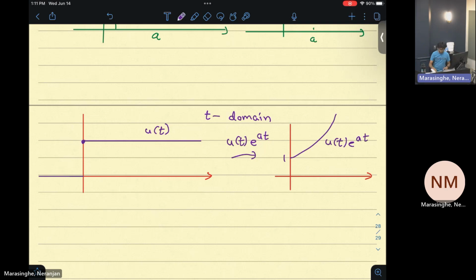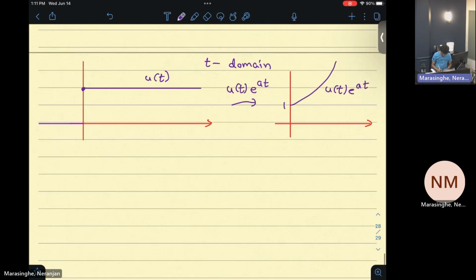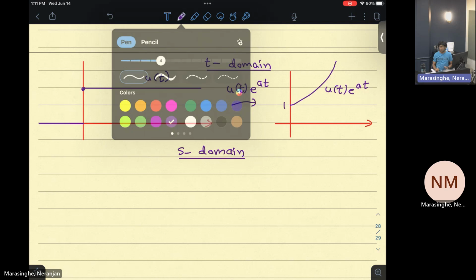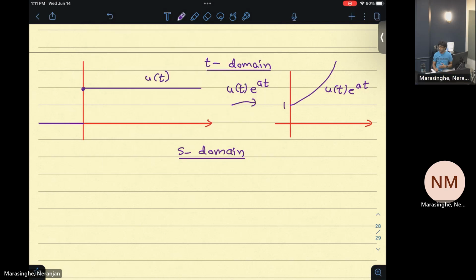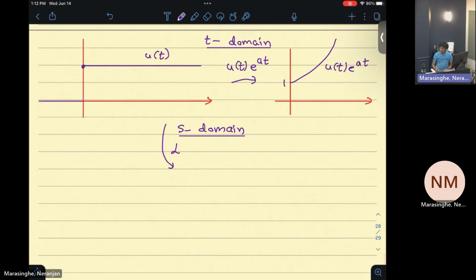So let's consider the S domain or Laplace domain, and what would happen in the S domain. What is the Laplace transform of u(t)? S domain means I'm going to take the Laplace transform of these two. What is the Laplace transform of u(t)? It is 1 over s, right?